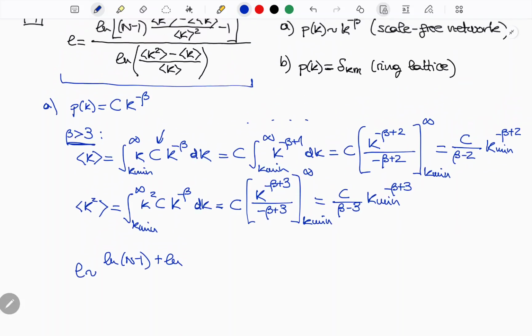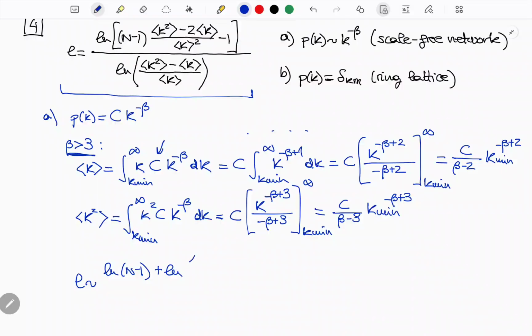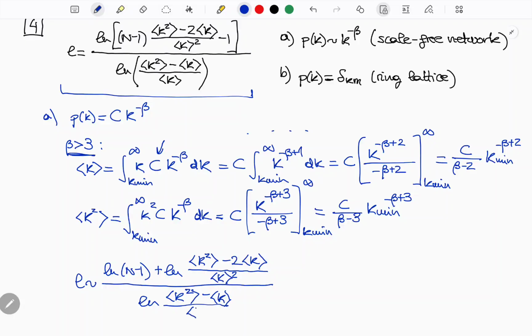So this is going to be the logarithm of the average of k squared minus twice the average of k divided by the average of k, everything squared, divided by the logarithm of, and so on.